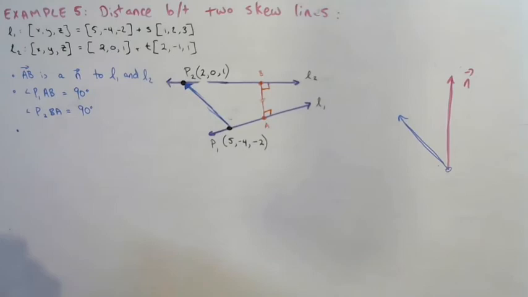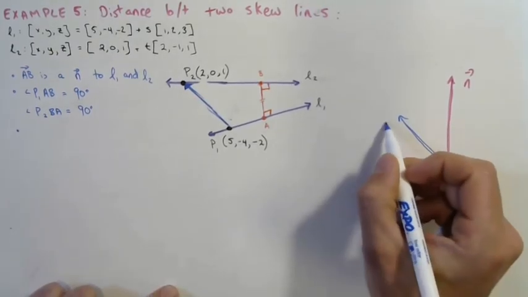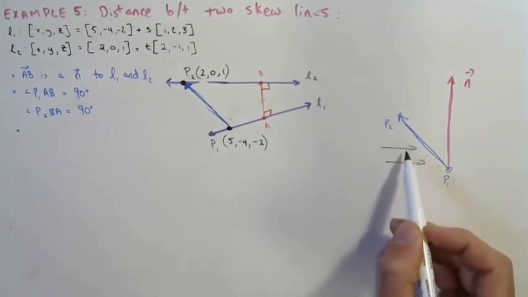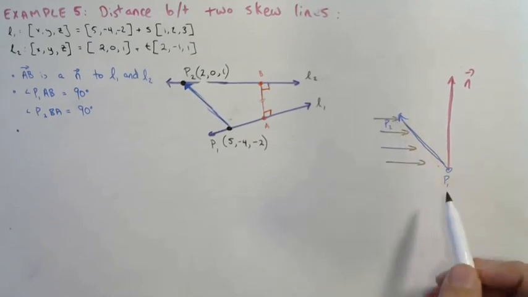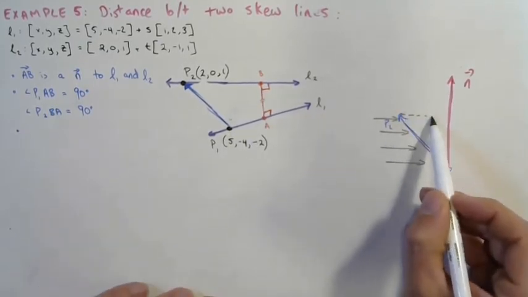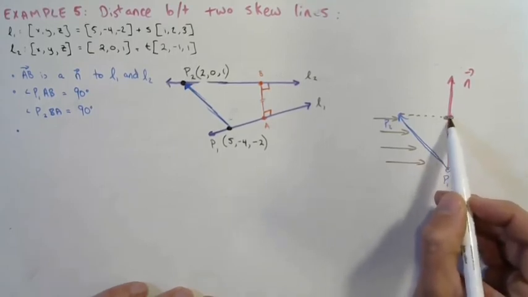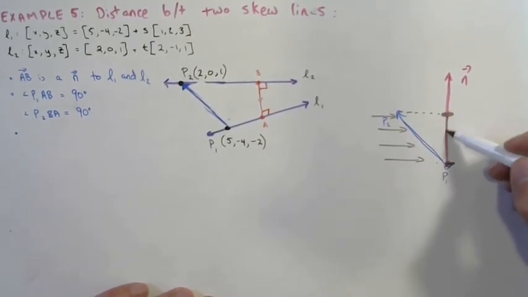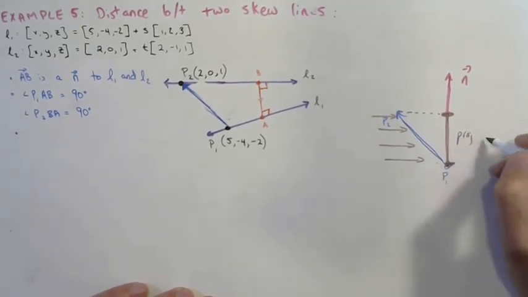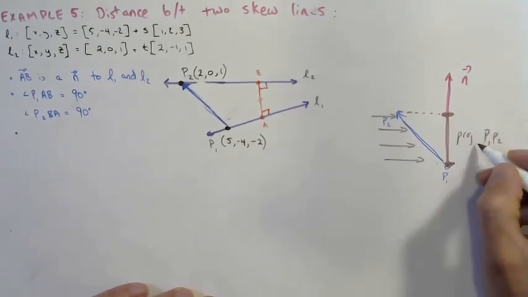Now if I'm taking the projection of P1P2 onto any vector in the direction of AB, what we end up with is this right here. This is the projection of P1P2 onto n.